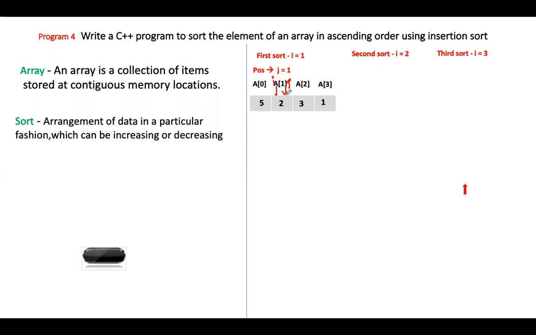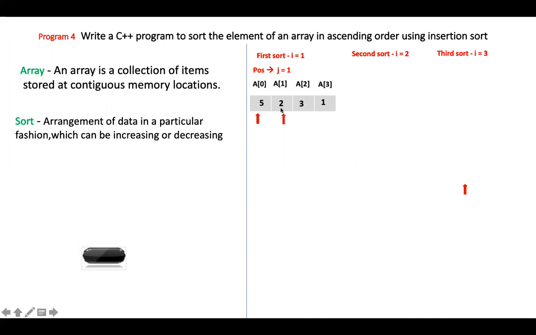Now next thing, as I said, j is pointing here, i is also pointing here. Now, we have to exchange the values accordingly, because we want to arrange them from smaller to bigger.